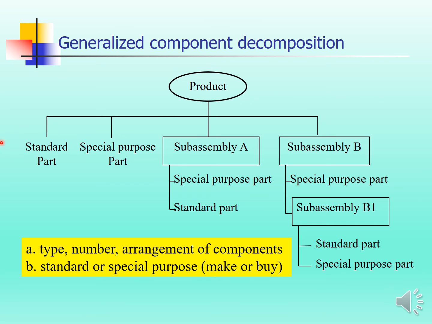Okay, we have a standard part, special purpose part, assembly A, assembly B. Remember this, I just repeated. Okay, and what is important is the type, number, and arrangement of components, standard and special purpose parts.